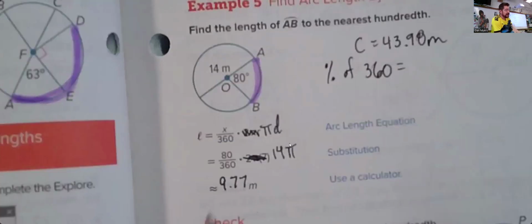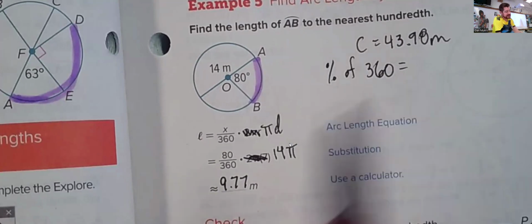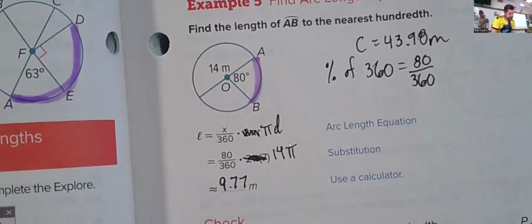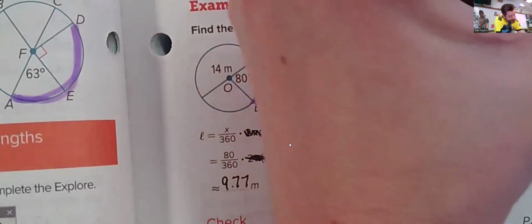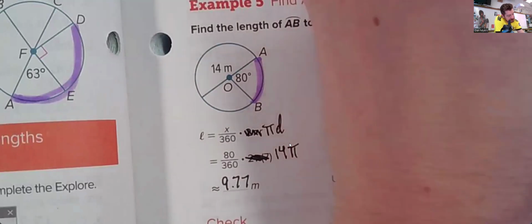This part here, the 80 over 360, is giving us the percentage out of 360 degrees. If you take 80 and divide it by 360, that gives you 0.222, which is equal to 22.2%.